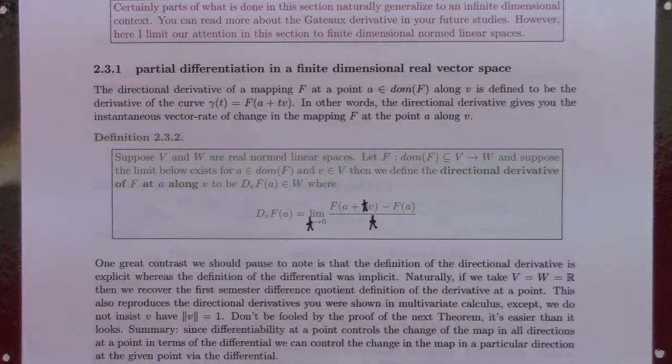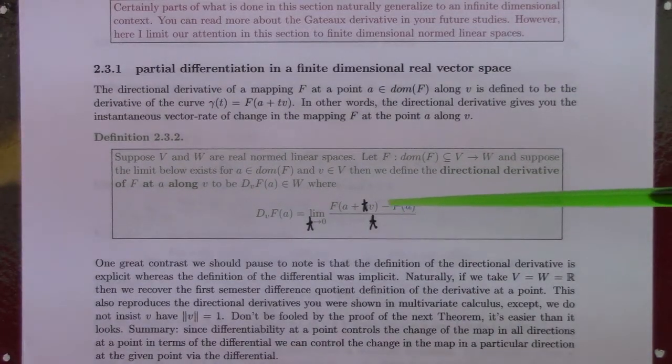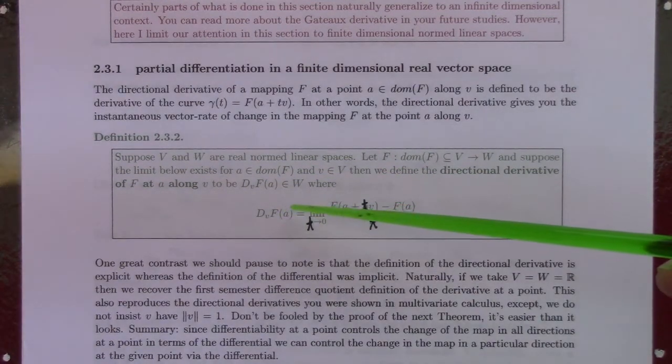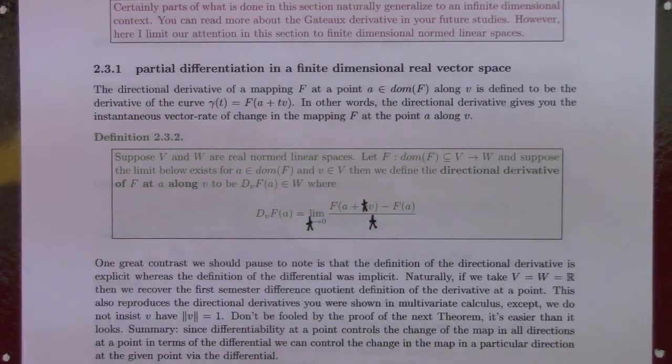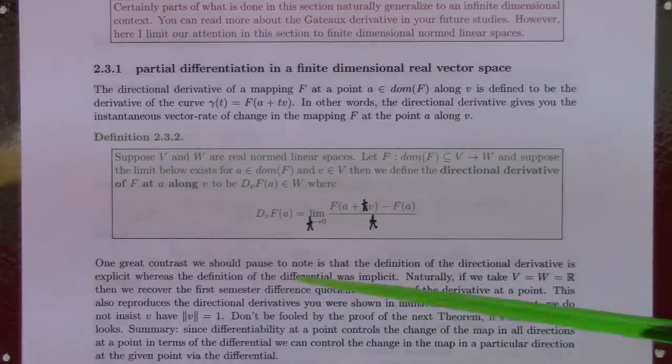That would be better because that way you wouldn't be tempted to confuse this with the limit as h goes to 0, where h was a vector. All right. So this is the directional derivative of f at a in the direction v. Now, if we set v and w both to be the reals, this just goes back to the ordinary derivative.